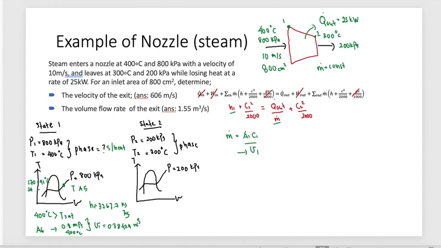The unit is meter cube per kilogram. So I already have the value of H1 and specific volume 1.